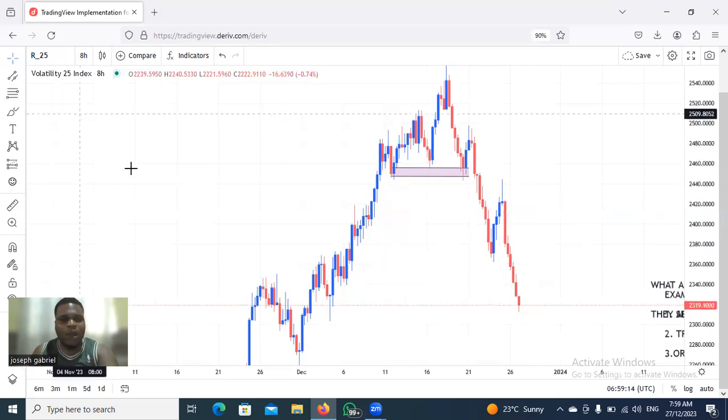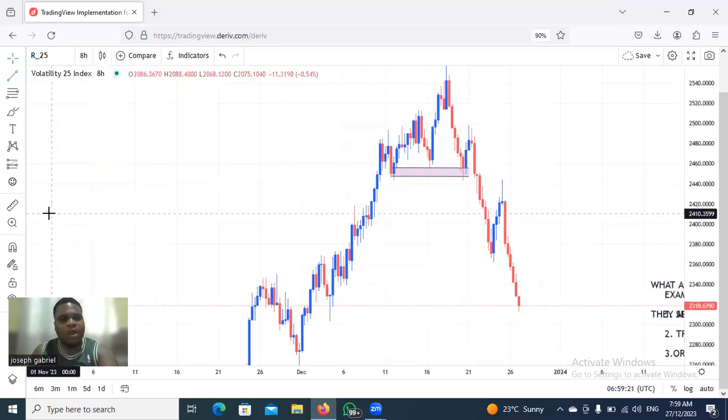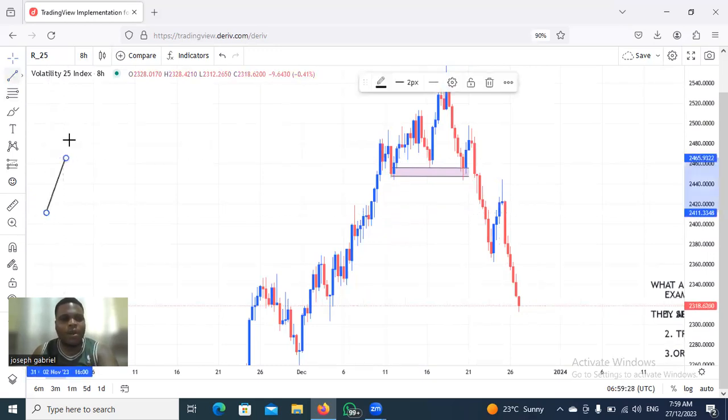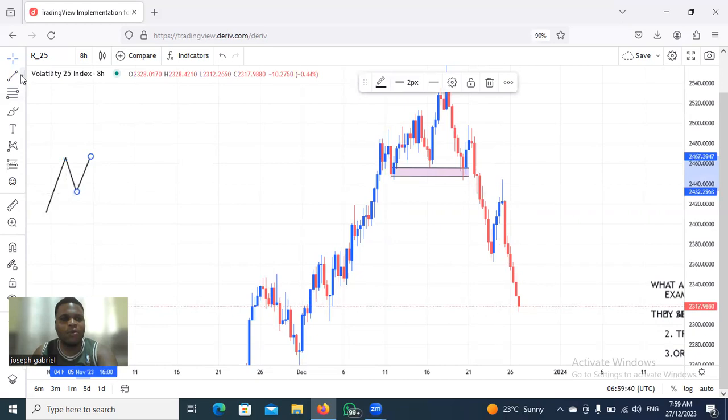Either the market is on a bullish structure or bearish structure, or it is on this formation, which I'm showing you guys now, which we call a range.